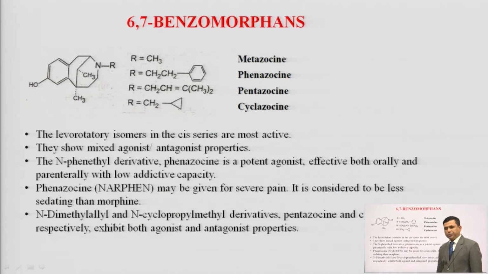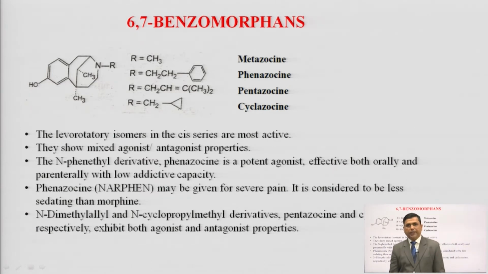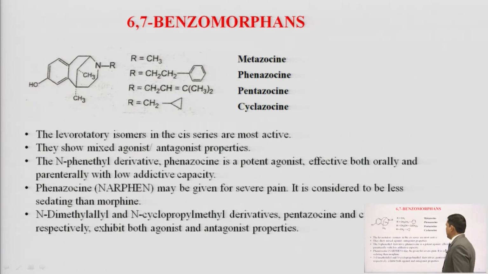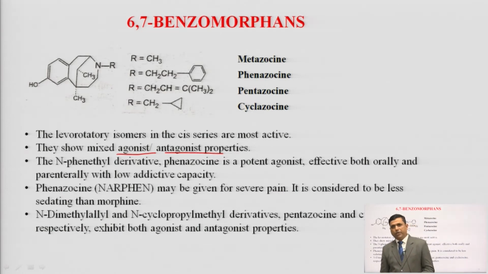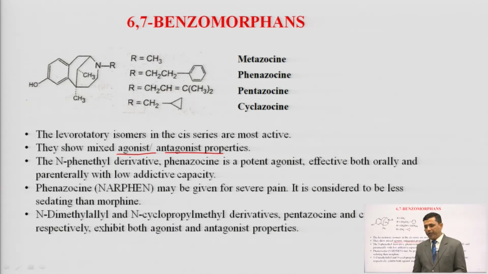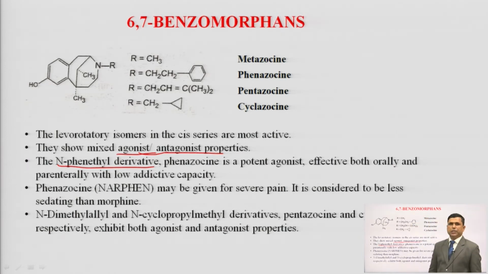Some compounds are present as the cis isomer, some as trans, but the levorotatory isomer in the cis series is the most active, and it shows mixed agonist and antagonist properties. Some narcotic analgesics are used as narcotic agonists and narcotic antagonists, so they act with agonist-antagonist properties. Among the phenethyl derivatives, the example is phenazocine.